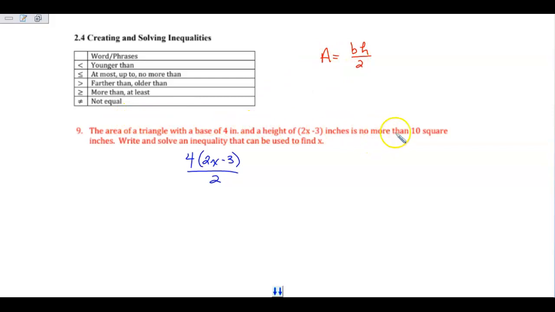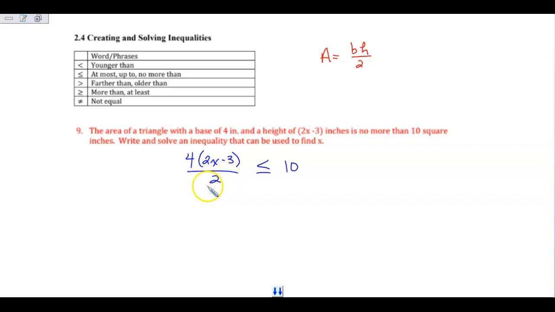And we know it's no more than, so no more than means that it can be equal to, but it can't be greater than it. And that's 10. So there's our inequality sentence. And I need to solve for this x. Well, there's a couple of ways we can go about this.